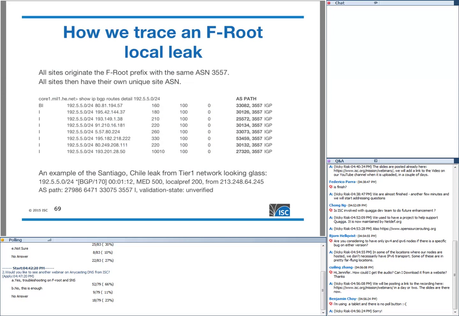So yeah, I mentioned 3557 is the origin ASN. 33075 is our unique ASN per site. That's the one that identifies it as Santiago, Chile. The 6471 is our peer that we have a BGP session to. And 27986 is actually another ASN owned by the same peer, likely as part of an acquisition. So essentially that's a local Chilean ISP. Okay.